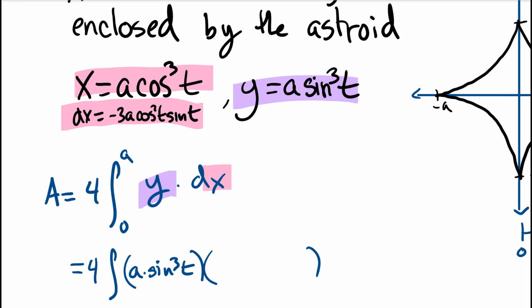Oh, but I forgot dt. Why don't we take that thing and replace our dx with it? So that's how this game is going to work. You're going to write your y in, and then you're going to multiply by the derivative of x with respect to t, where dx/dt needs to equal this. So we pop it in there, and it's negative 3a cosine squared of t sine of t, and I'm going to leave that dt just hanging out over here.